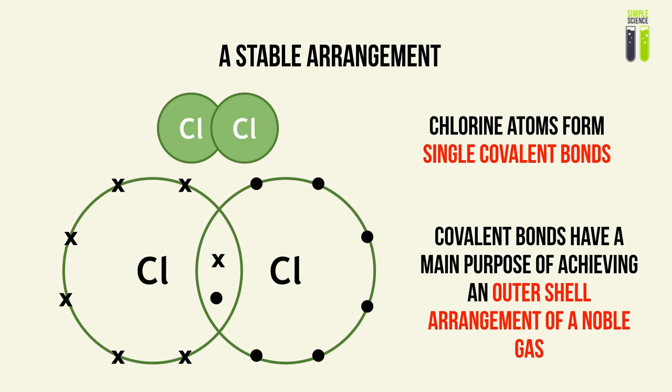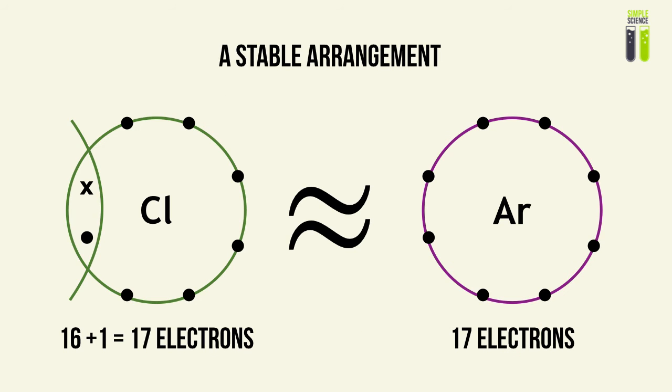And talking about noble gases, we can count the total number of electrons around a chlorine atom now that it's covalently bonded. It will have a total of 17 electrons, where 16 come from the original chlorine atom, plus 1 electron from the other chlorine atom covalently bonded to it.